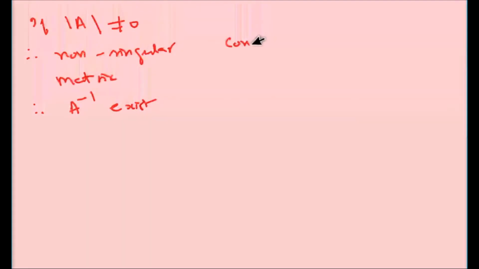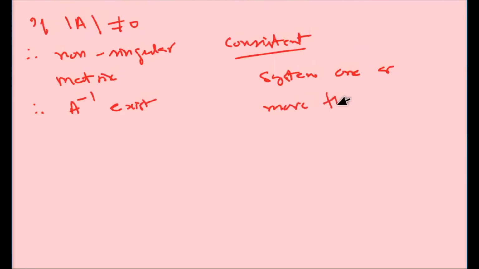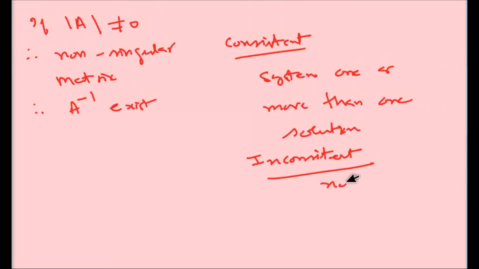What is the meaning of consistent? Consistent means the system has one or more than one solutions. And if the system is inconsistent, then the meaning is no solution.